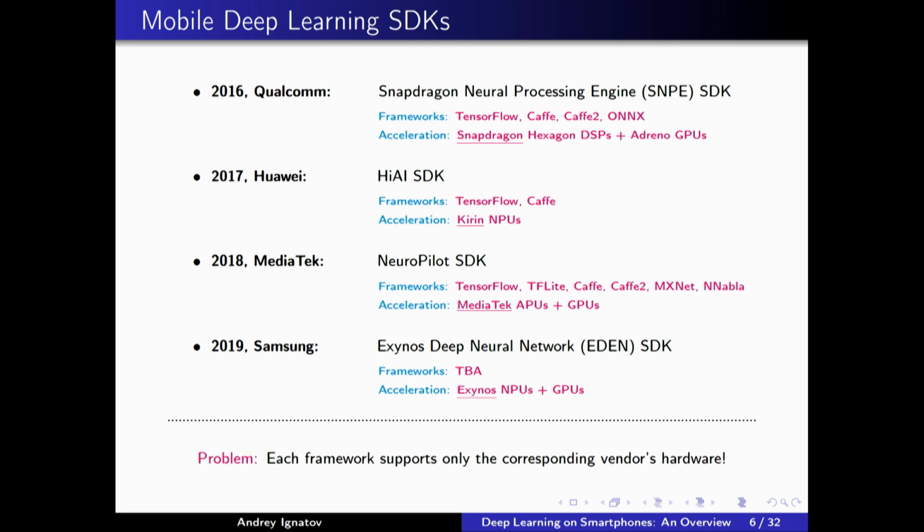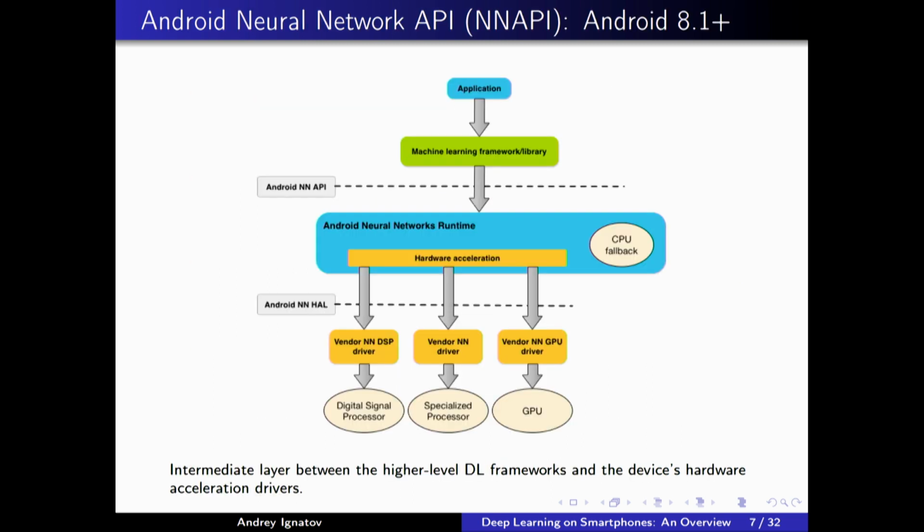The only problem is that all these SDKs are incompatible with each other, and they can run only on hardware from the corresponding vendor. So if you create an application with the Qualcomm SNPE SDK and run it on a MediaTek device, it will crash, and vice versa. So if you are going to use SDKs for accelerating inference, you basically need to create 5 different versions of the application. So one default and one for each platform.